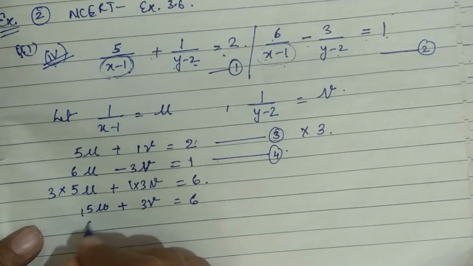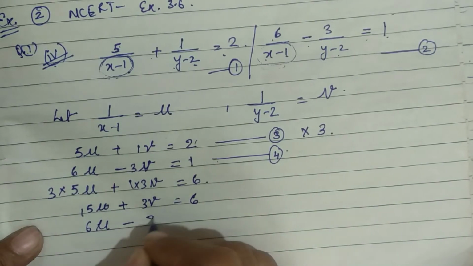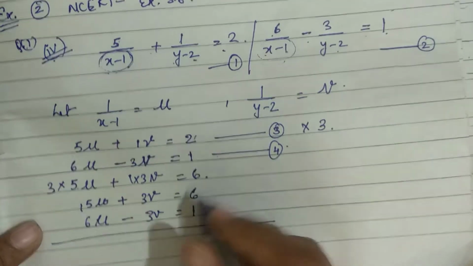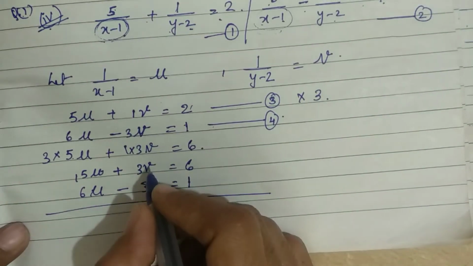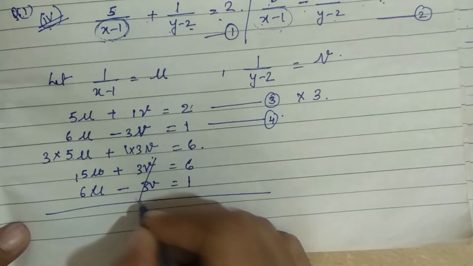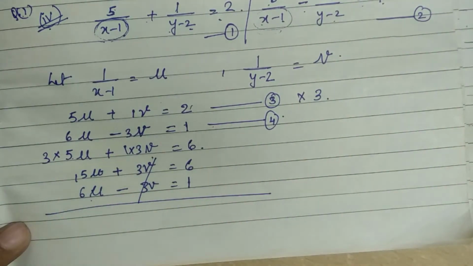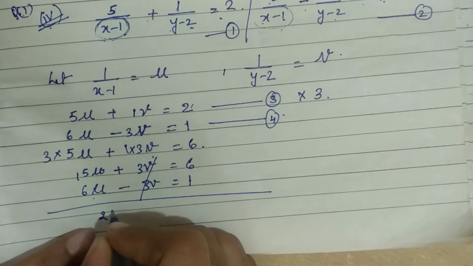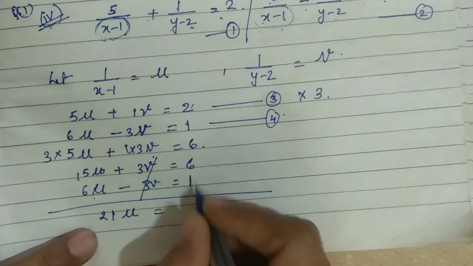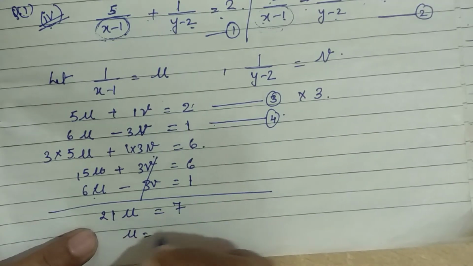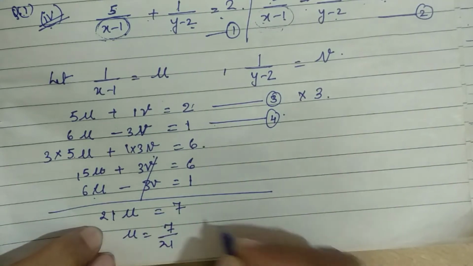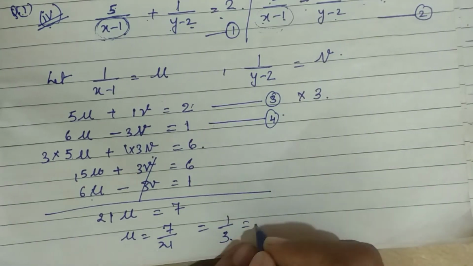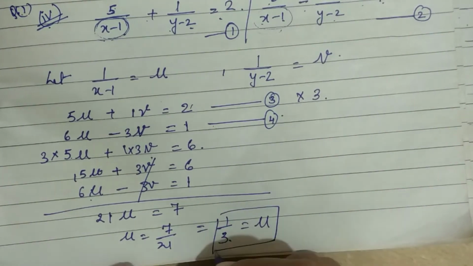And the fourth equation is 6u minus 3v equals 1. Okay, so adding these two equations, we get 15u plus 6u, that is 21u equals 7, that is u equals 7 upon 21, which means 1 upon 3. So we get u equals 1 upon 3.